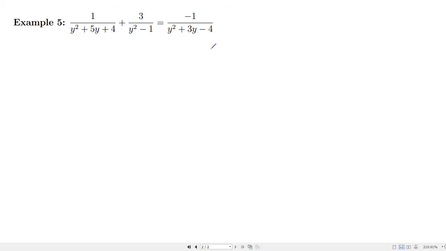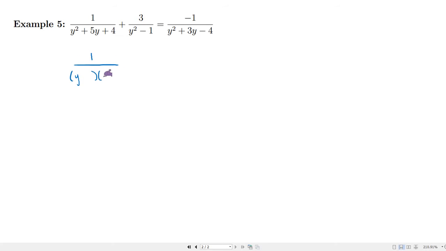All right, so now let's look at our last example here. Factor, so we can find the least common denominator. So we'll have y. We want the product to be 4, sum to be 5, so that's pretty simple: y plus 4, y plus 1. Plus 3 over y squared minus 1 squared, so y plus 1, y minus 1.